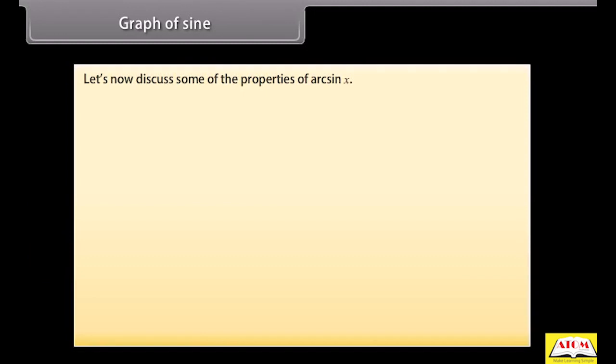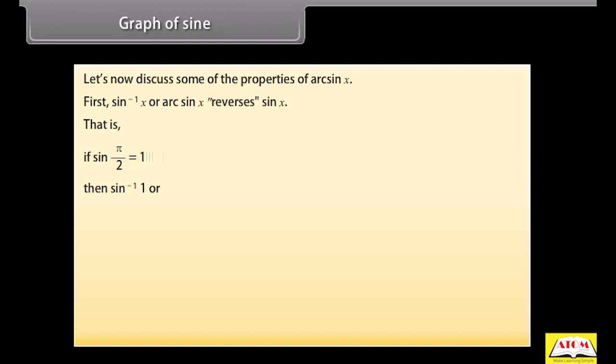Let's now discuss some of the properties of arcsin x. First, sin⁻¹ x or arcsin x reverses sin x. That is, if sin(π/2) = 1, then sin⁻¹ 1 or arcsin 1 is equal to π/2.